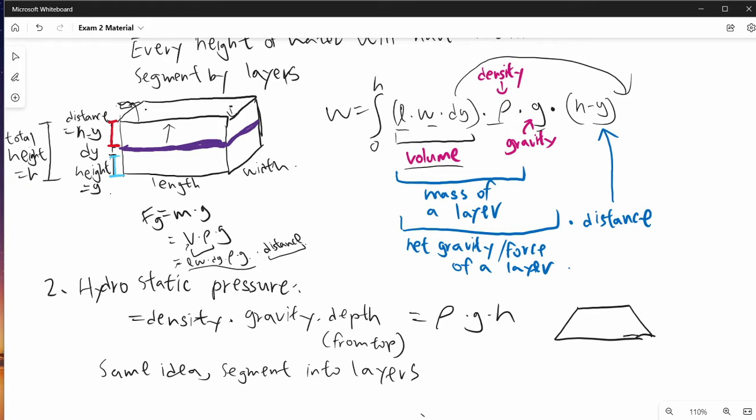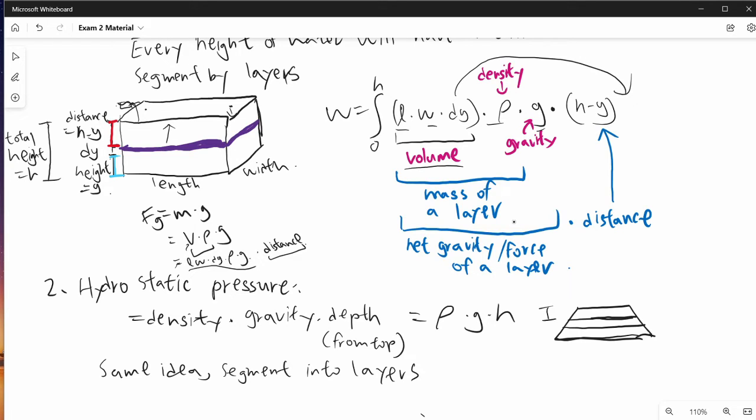It can be any shape, but you just need to understand how to calculate the volume of a single layer and how the depth varies, right? Generally, the hydrostatic pressure is just rho g h, right? Density times gravity times the depth of that layer. Just gotta be careful. Depth is from the top, right?